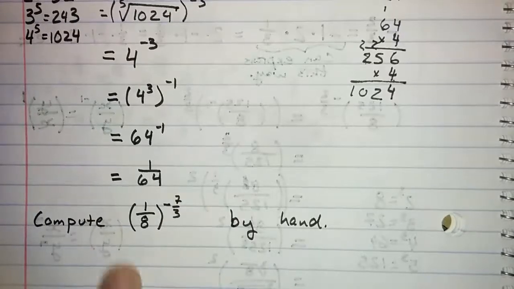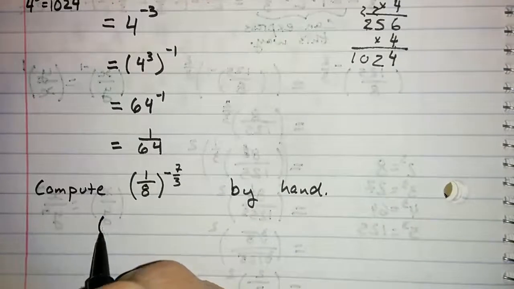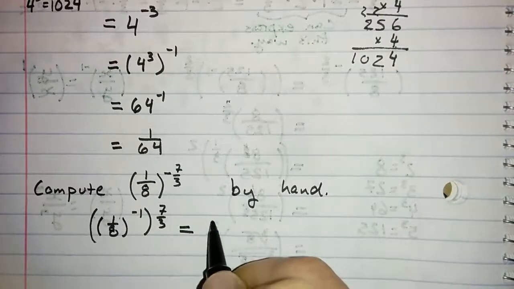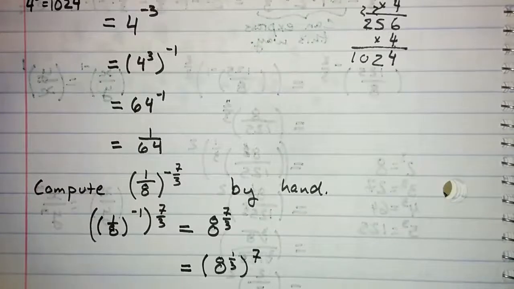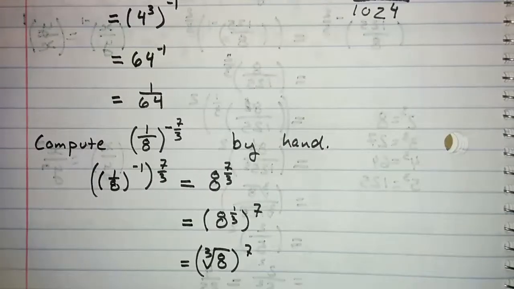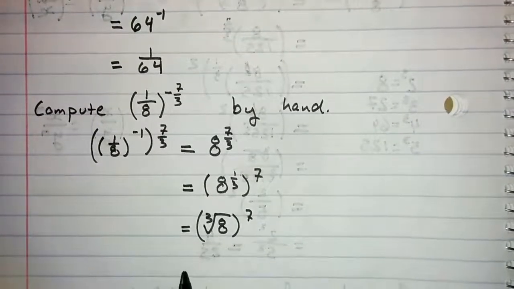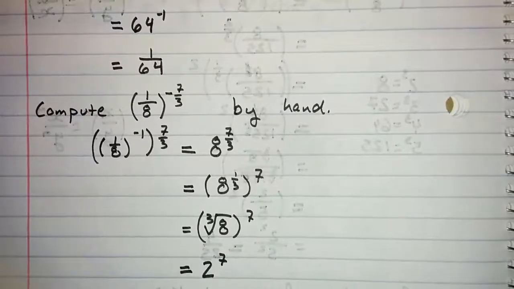All right, I have a fraction here, so I'm going to use the negative 1 power first. And I'm happy because the reciprocal of 1/8 is just 8. So that'll be 8 to the 1/3 to the 7th. So that's the cube root of 8 to the 7th. And I see that 2 cubed is 8, so I don't need to even make a list. 2 to the 7th.